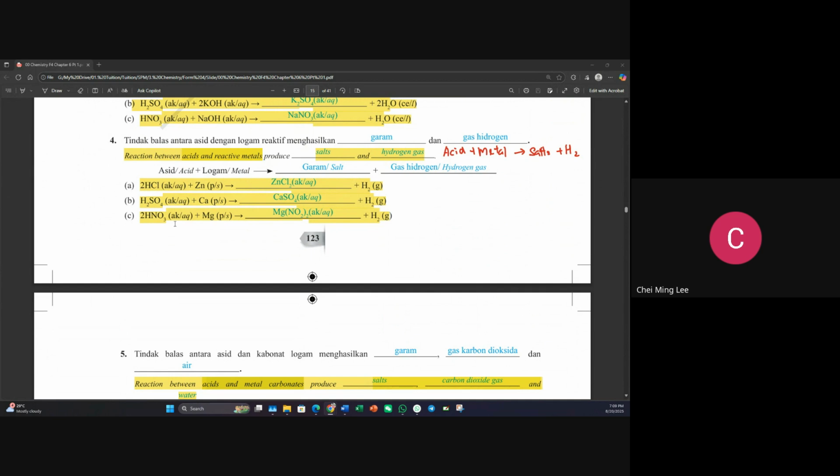It's like a substitution process where the reactive metal substitutes the hydrogen out. Nitric acid with magnesium becomes magnesium nitrate with hydrogen. All right, jot this down.